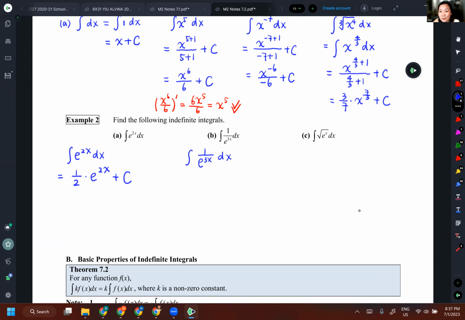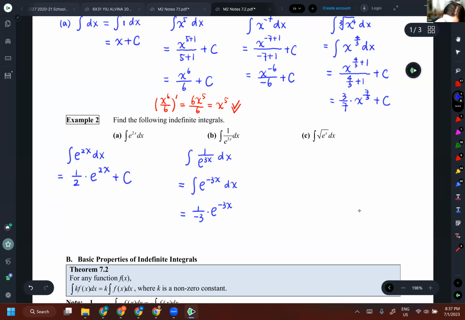For this one, we don't have a formula yet because we don't deal with fractions. But anyway, you can change the fraction to a negative index. After doing that, you can use formula E. And then you're done. Last example.